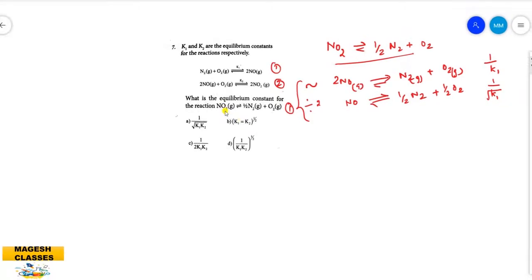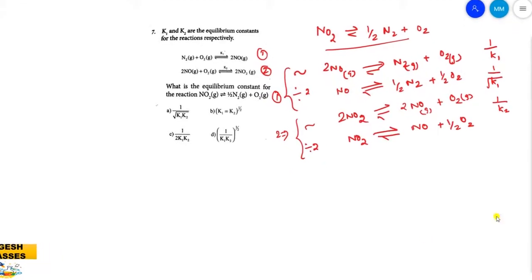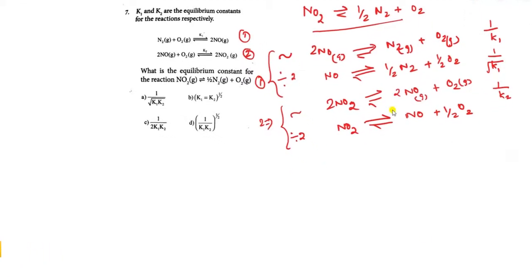To get nitrogen dioxide on the left hand side, the second equation is also inverted. So K for this equation is 1 by K2. To obtain 1 mole of NO2, this second equation is also divided by 2. For the division by 2, this Kc is also 1 by root K2.